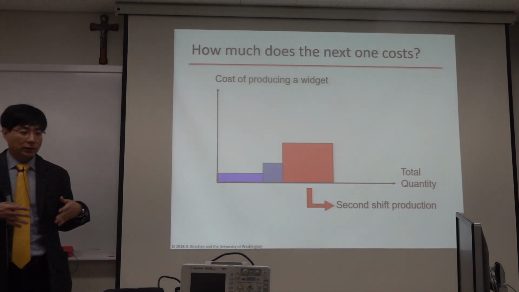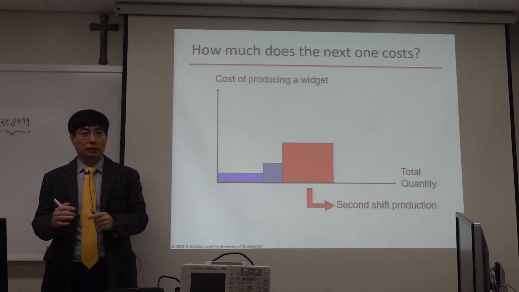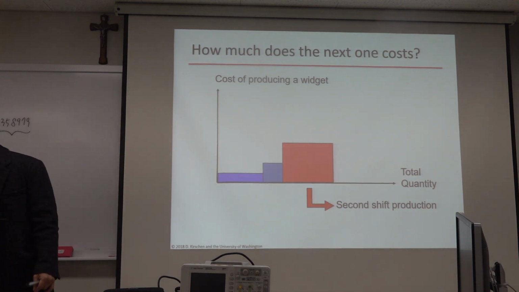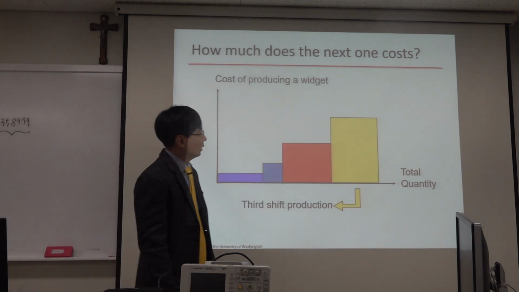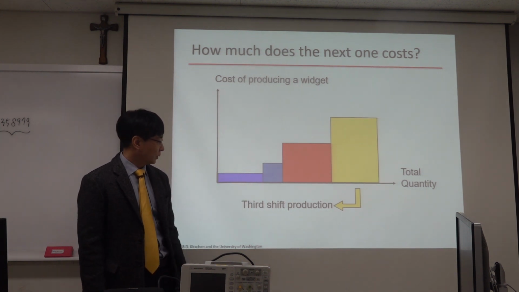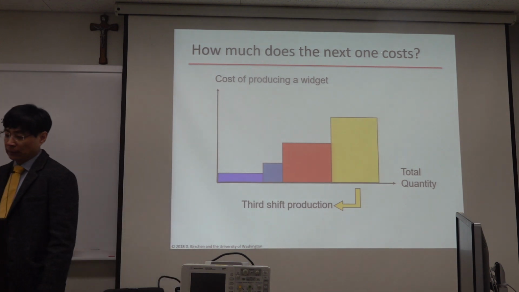And the wage for the second shift production is higher than the first shift production. The overcharge is typically more expensive than the normal charge. And third shift work or something like that. So third shift production incurs higher cost.